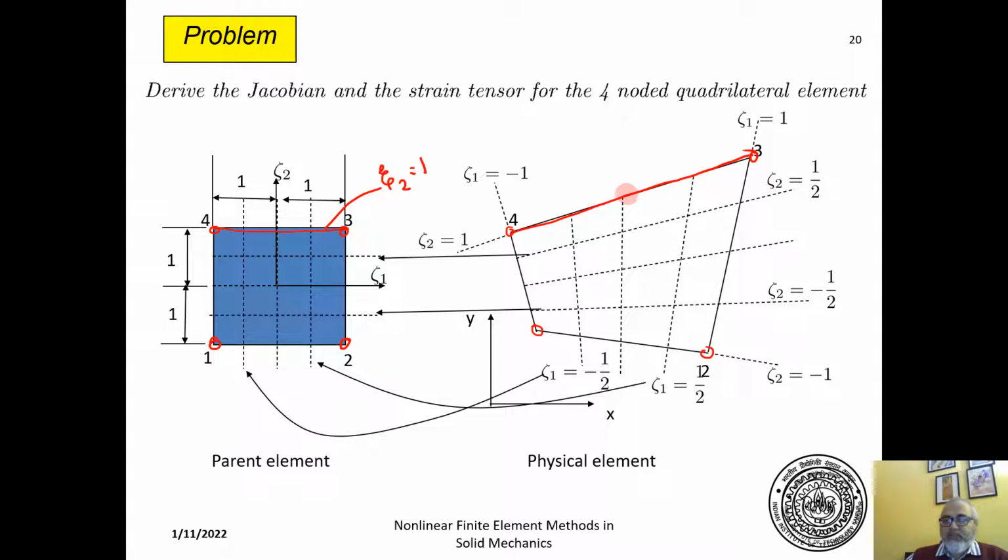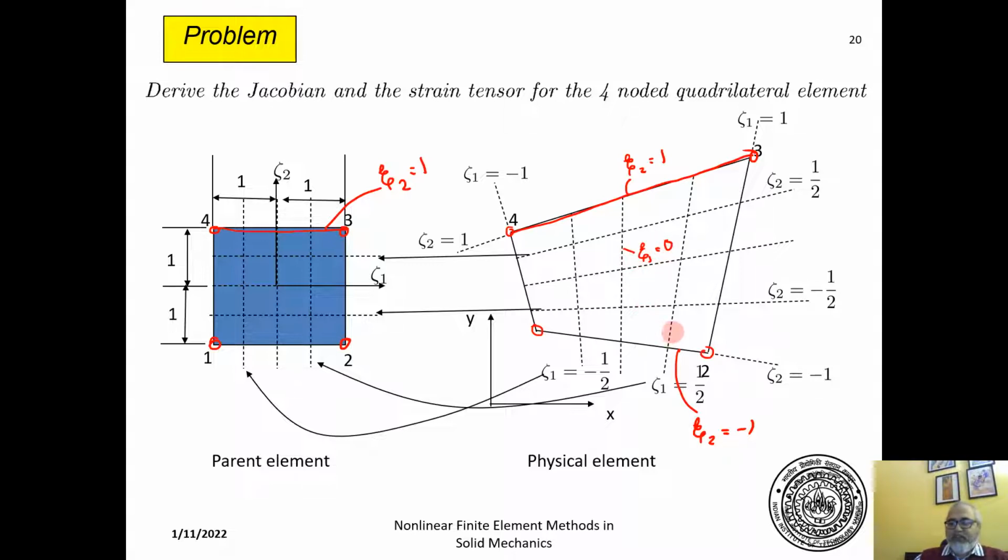So this edge in the physical element corresponds to zeta 2 equal to 1. This edge corresponds to zeta 2 equal to minus 1. Similarly, this edge corresponds to zeta 1 equal to 0.